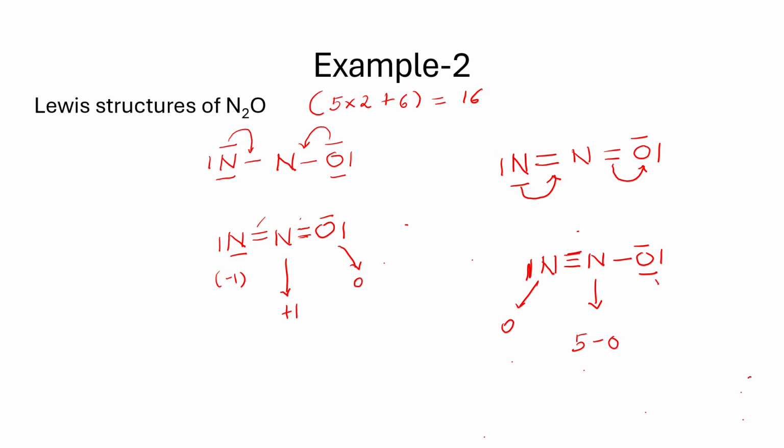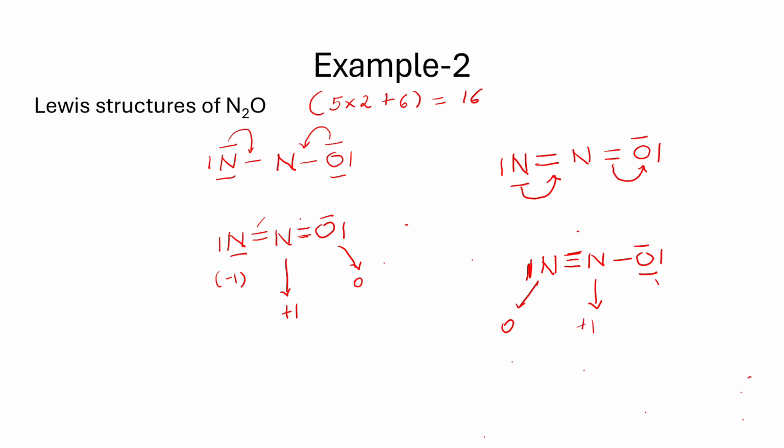So the number of non-bonding electrons is 0, minus, and we can see just as in the previous case, the number of bonding electrons is still 8. So this is half of 8. So this is 5 minus 4, which is plus 1, right? So the formal charge on this nitrogen is plus 1.